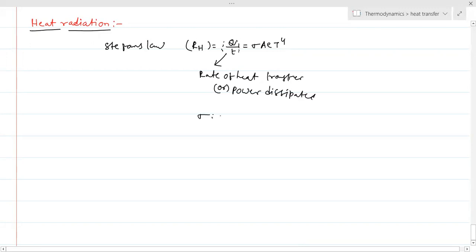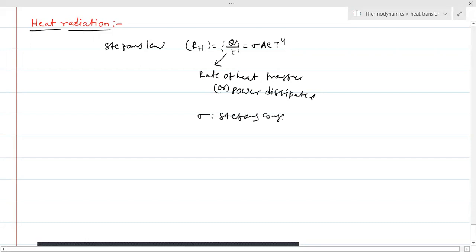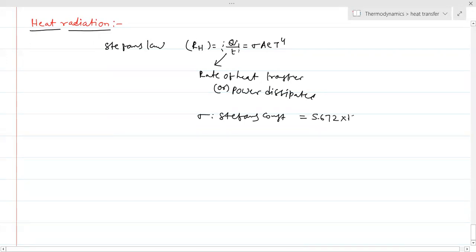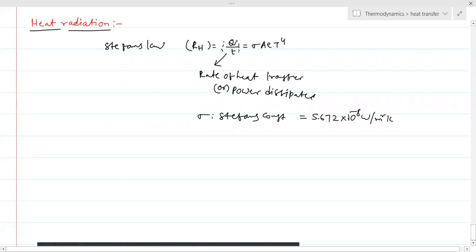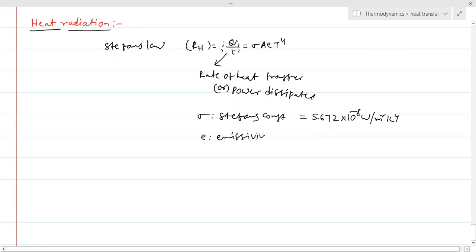Sigma is Stefan's constant, equivalent to 5.67 into 10 power minus 8 watt per meter square Kelvin power 4. E means emissivity. If it is specified in the question, we need to take that value. Otherwise, we will take emissivity as 1 by treating the given body as a black body.